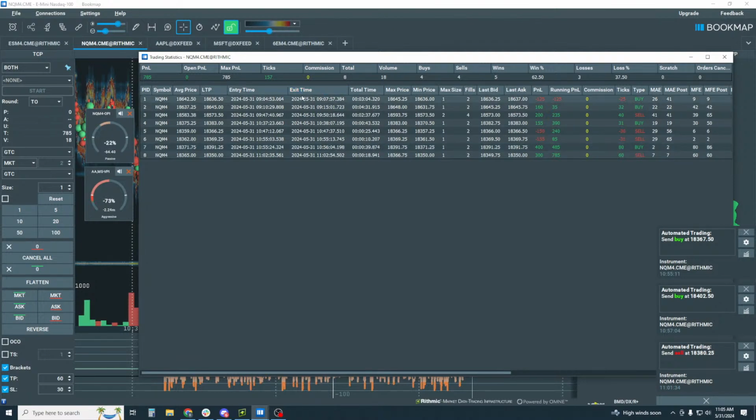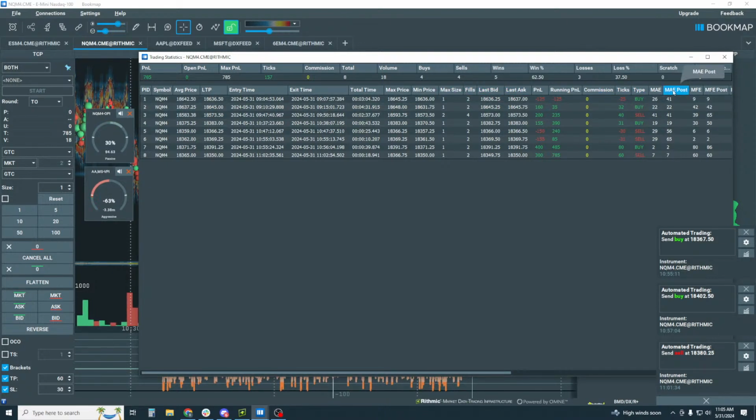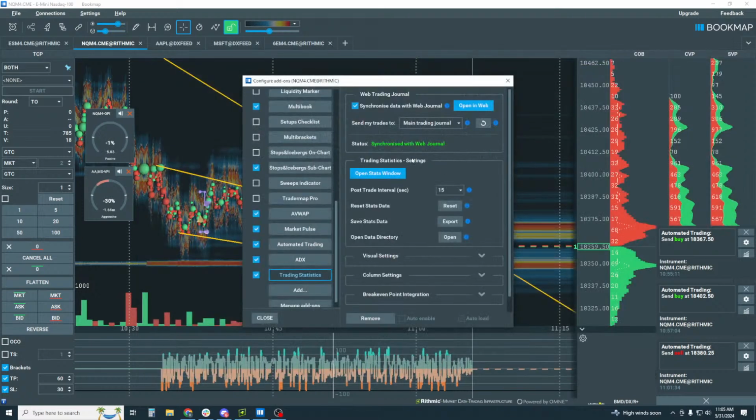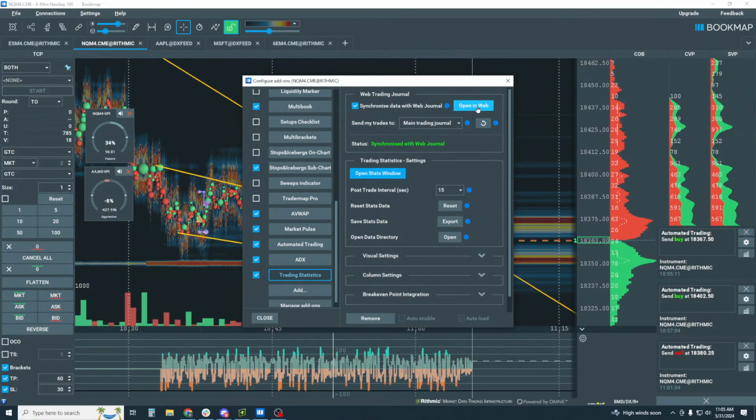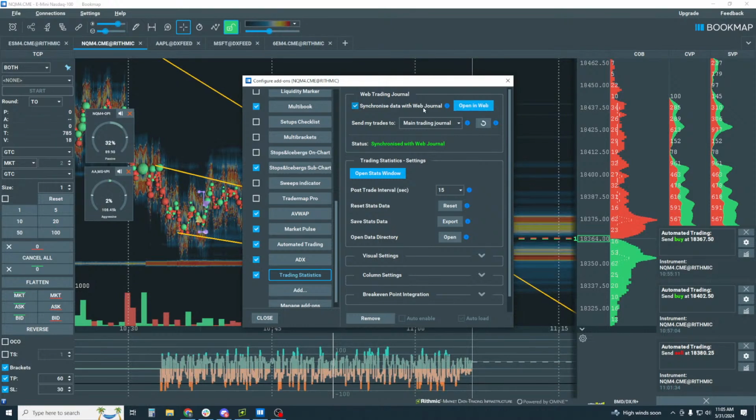Okay, these are each trade. Here's the data for in, out, size, fills, commissions. If I want to put commissions in here, maximum favorable excursion, as well as adverse, etc. Now, that is the trading statistics, but we have our web journal, which is great.